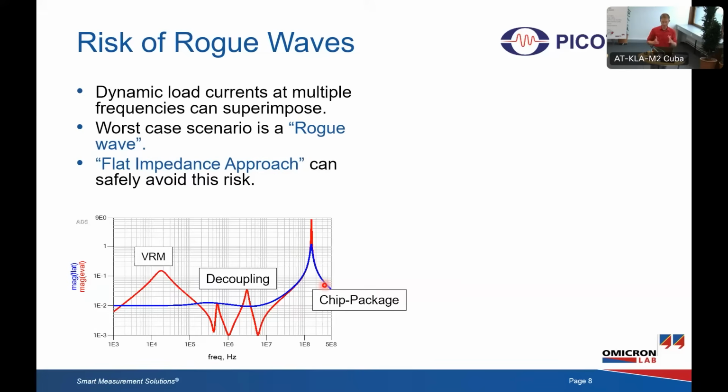Normally we don't know where it is exactly, but if you follow the blue line that tries to avoid these resonant peaks, then you can see that even the impedance peak in the chip of this simulation reduces. So it's a way of not only avoiding the resonances in the decoupling network, but also lowering the impedance peak in the chip of the load.